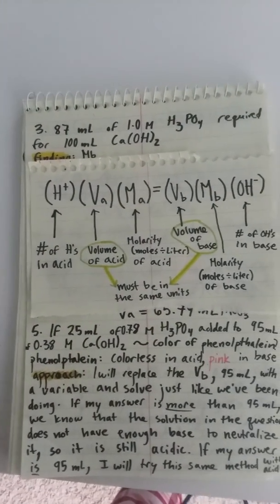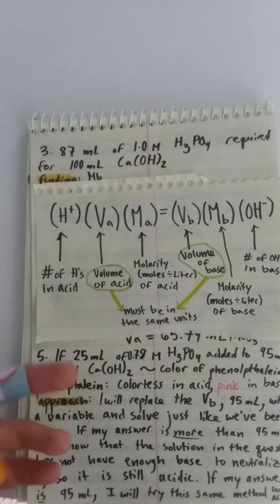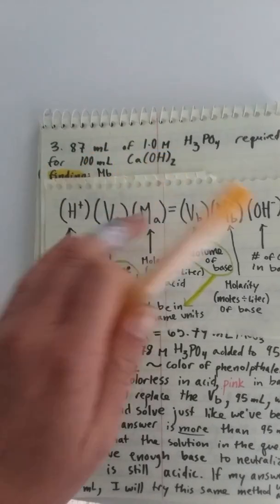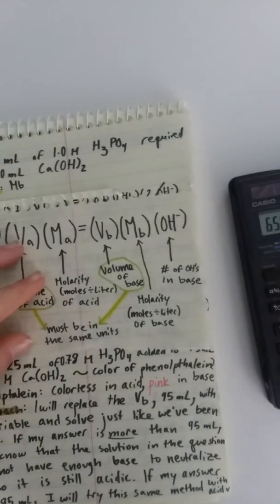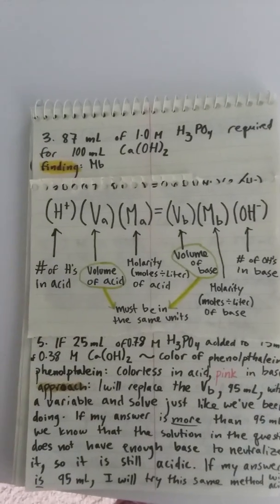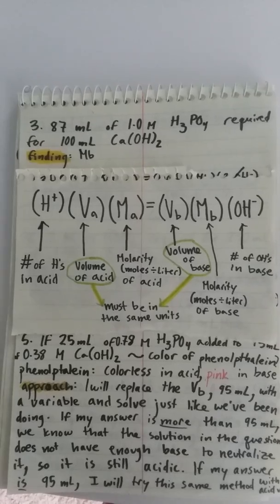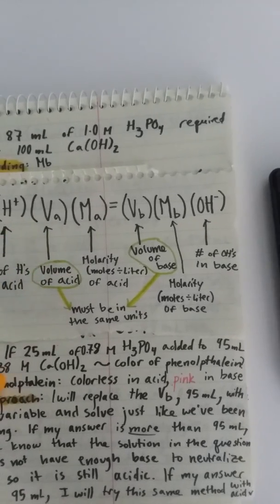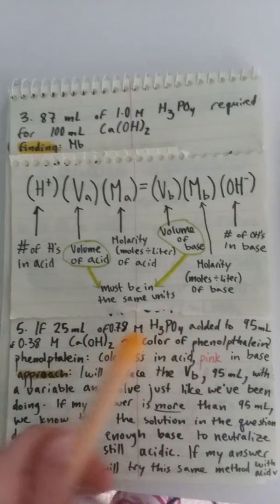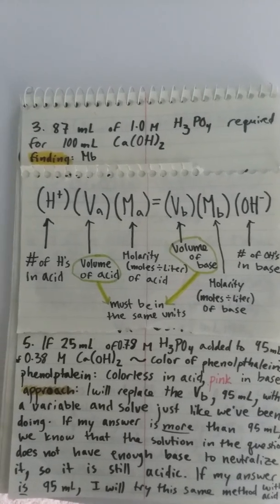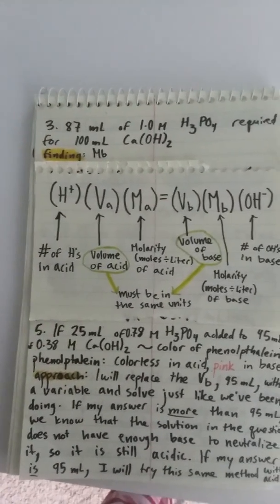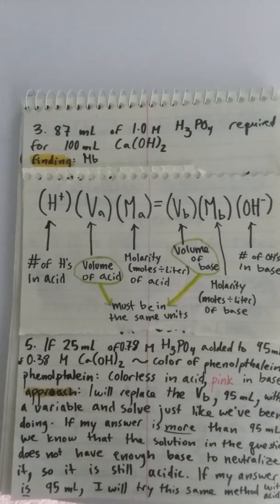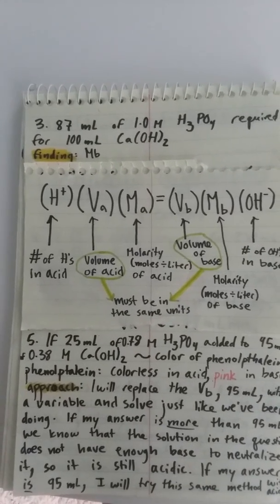But before, we were solving to find the neutralization, like the exact equivalence point of them. In this one, we have to see if all of these values actually give us the equivalence point, or if we have too much base or too much acid, it'll be either acidic or basic. So we just have to find which one it is.